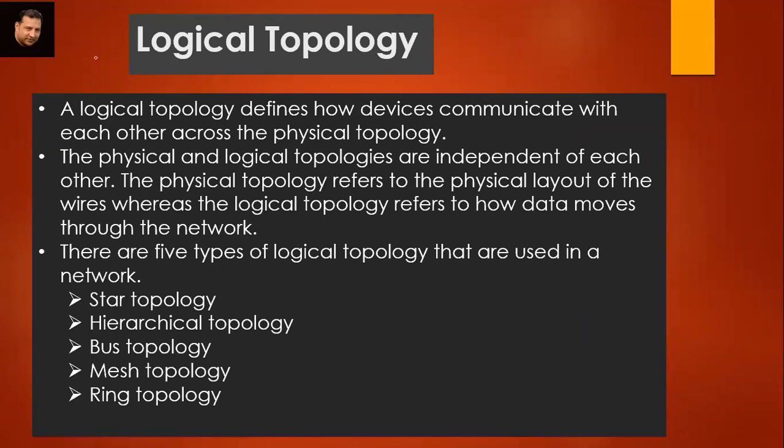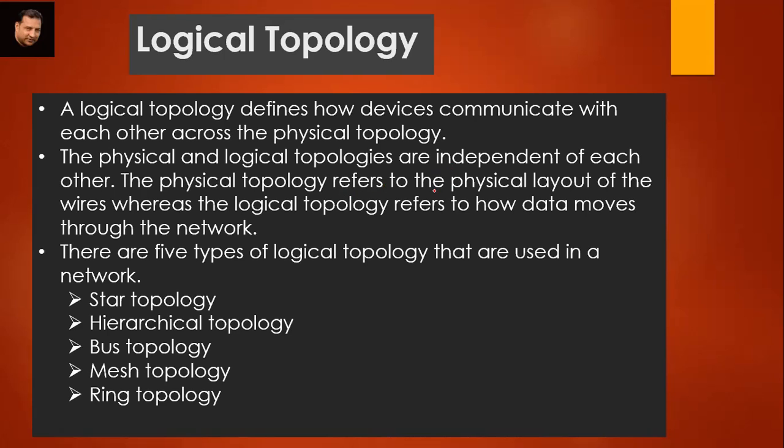Now let us see logical topology. A logical topology defines how devices communicate with each other across the physical topology. Physical topology means just arranging cables and devices in a particular pattern. The physical and logical topologies are independent of each other.